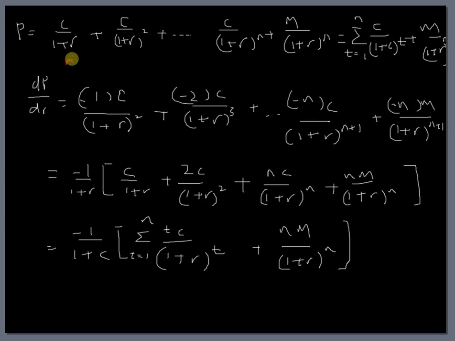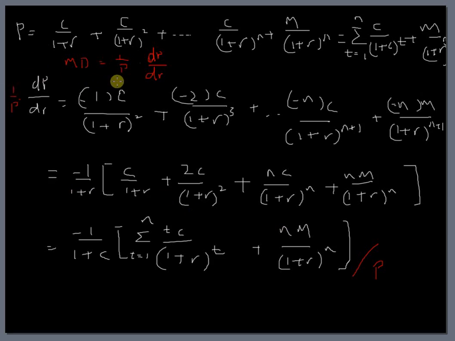The modified duration is given by 1 over P times dP over dr. So we have dP over dr here, and we multiply by 1 over P, dividing this whole thing by P. So this is basically the modified duration formula.